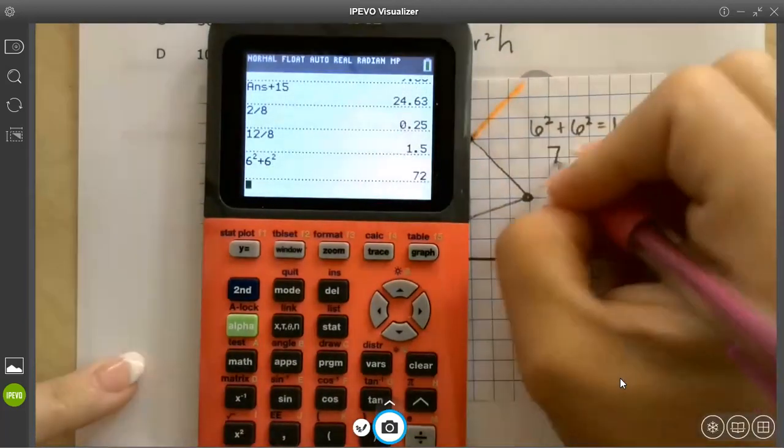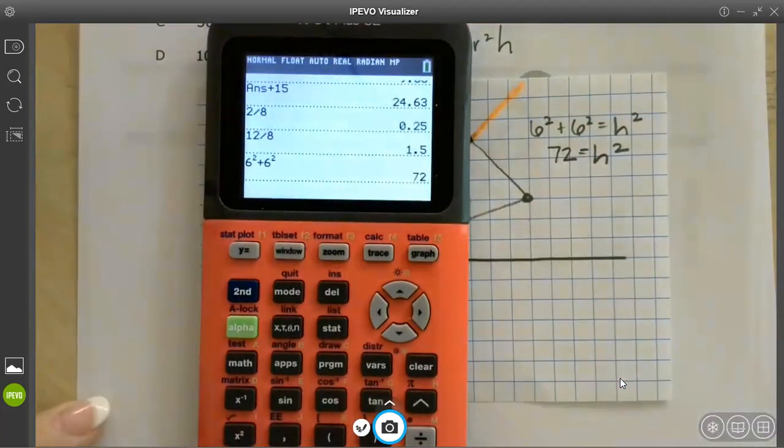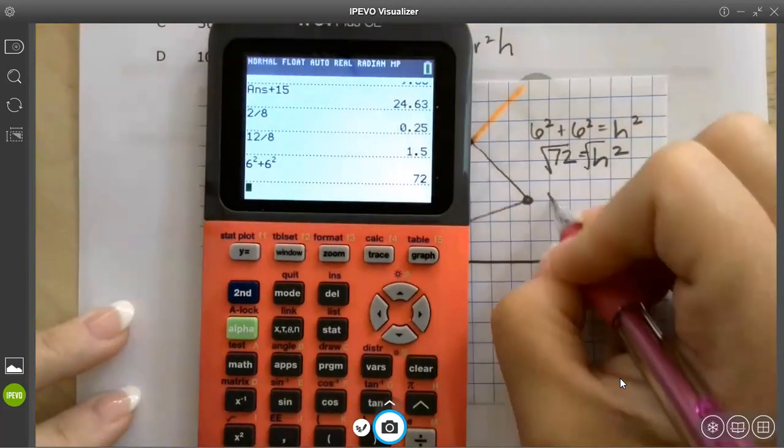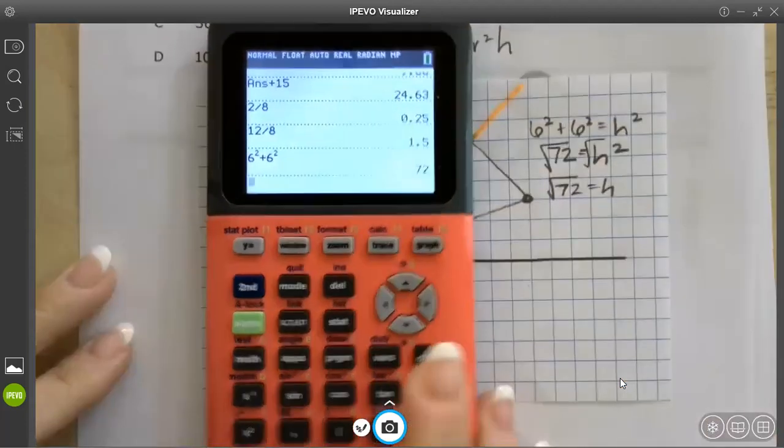I get 72 equals my height squared. Then I just take the square root. Right now, I'm going to leave it as the square root of 72.